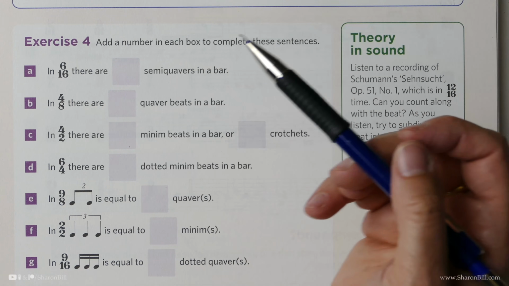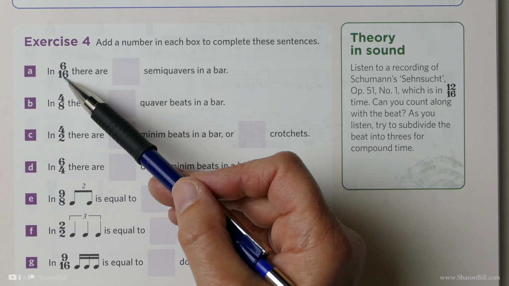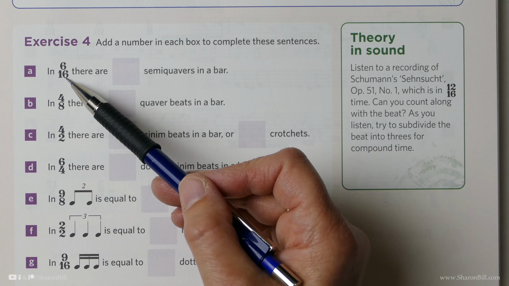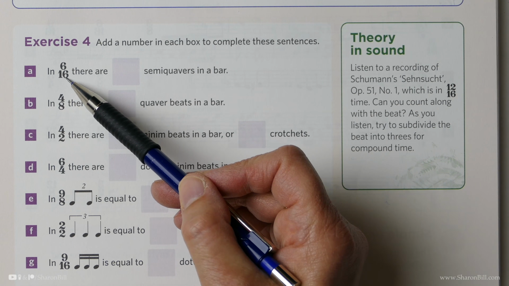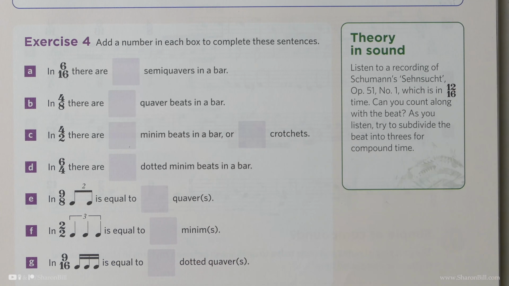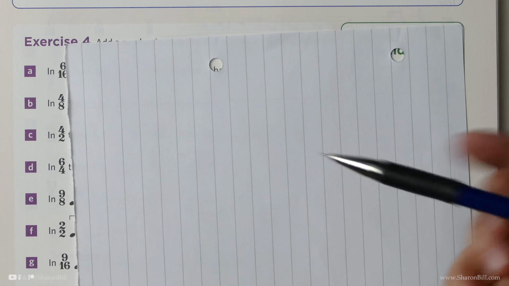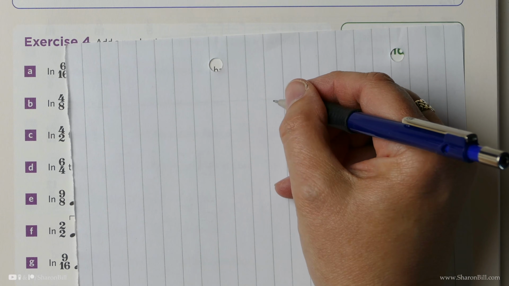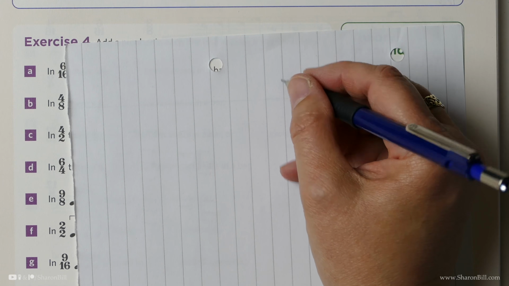So in 6/16, which means 6 semiquavers, 6/16 notes, we can see why that's the time signature number, which seems really obvious.